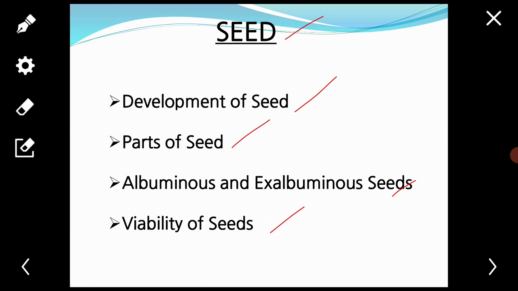That is number 1, the germination test, and another, that is the test with tetrazolium dye.